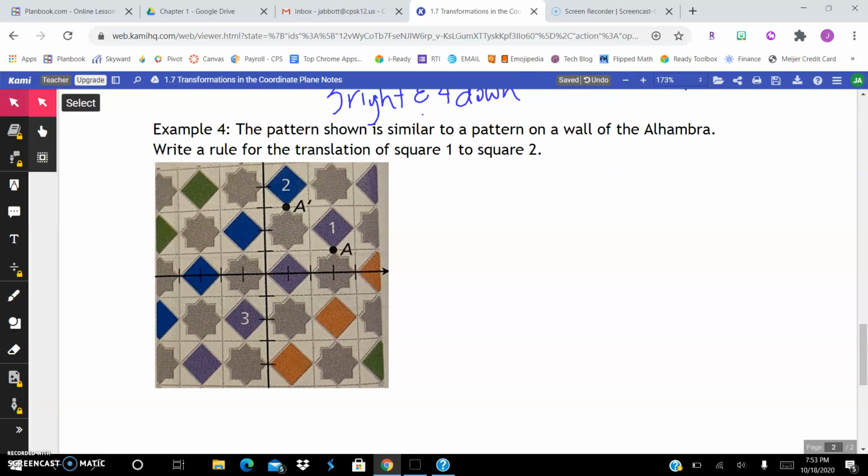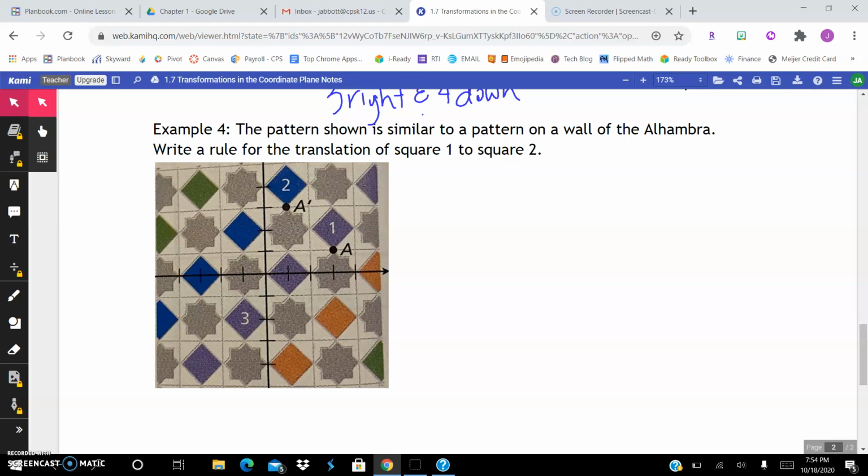And for our last example here, the pattern shown is similar to a pattern on a wall of the Alhambra. Write a rule for the translation of square 1 to square 2. So a translation is a slide. So if we look at square 1, to get to square 2, we would have to go up and then we would have to go to the left.